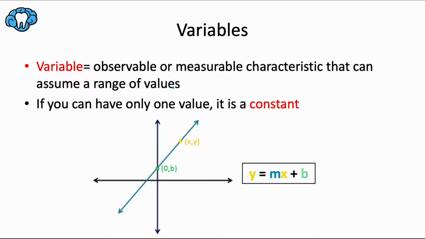Variables are elements that researchers measure, manipulate, or control in order to understand their effects or relationships in a particular study.